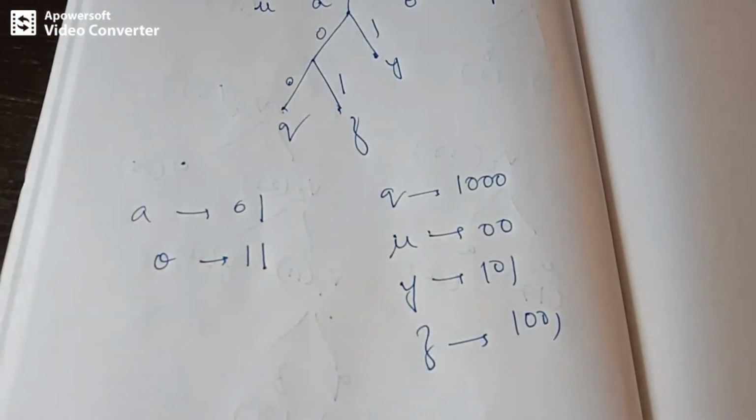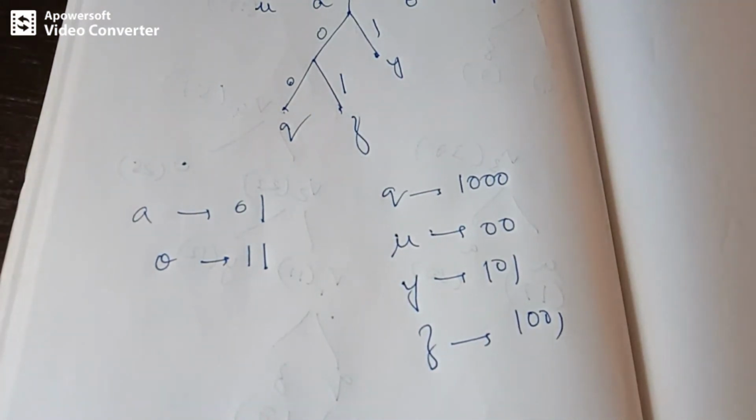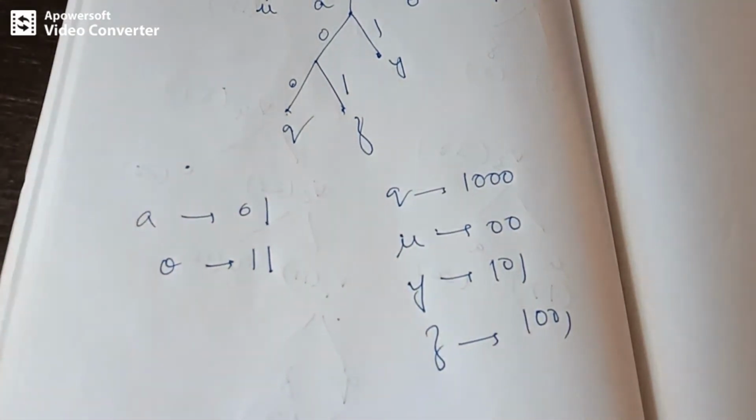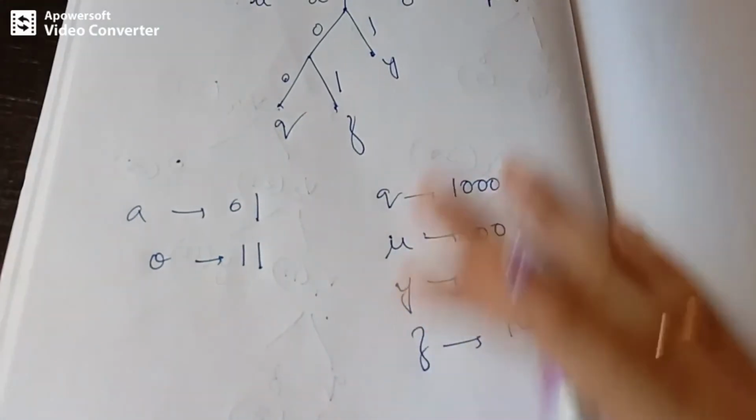Next, we'll see another kind of question wherein they'll give you a word and they may ask you to deduce the code for that particular word. Let's consider the question.